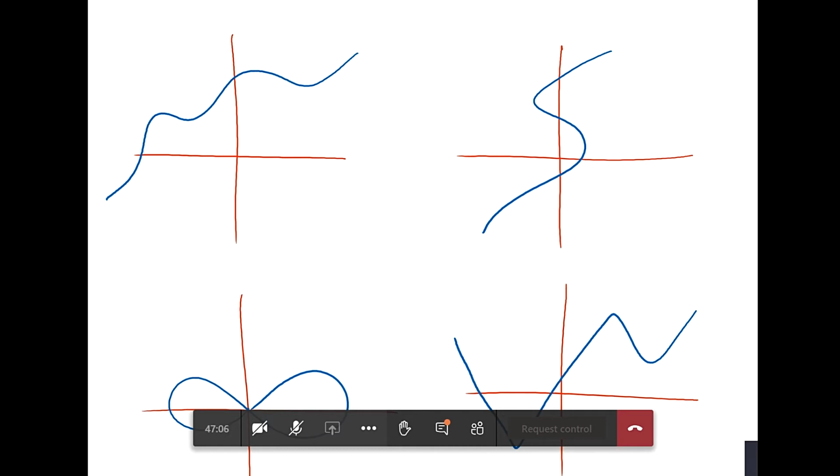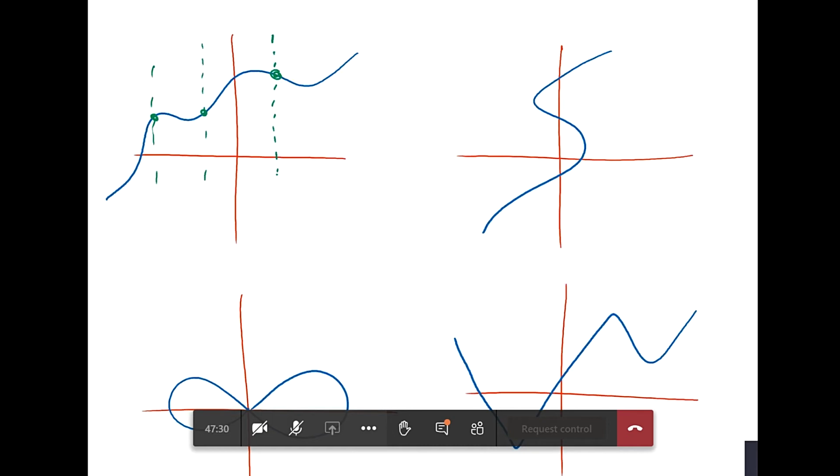Look at this curve. If we have the vertical line test like this, for the first graph, intersection with any position of the curve has one point.